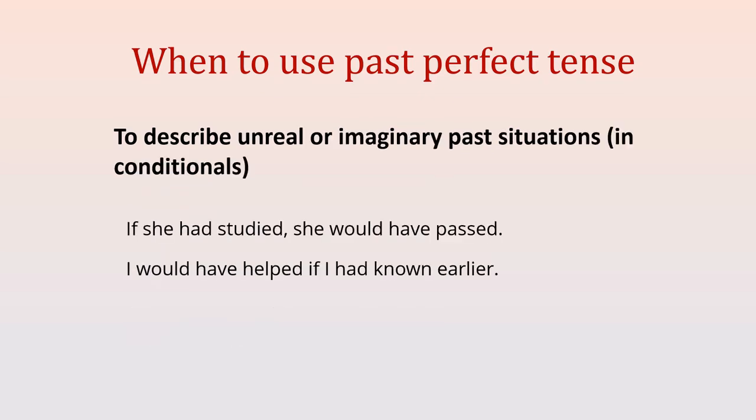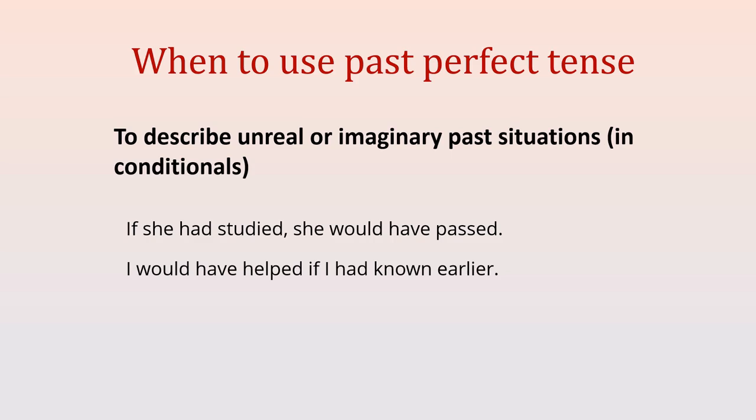The next is to describe unreal or imaginary past situations, meaning situations that didn't exist in reality, but are just imaginary. For example, if she had studied, she would have passed. It means if this had happened, then that would have happened. The situation does not really exist, it is just imaginary, like the wishful situations that exist in the past perfect tense.